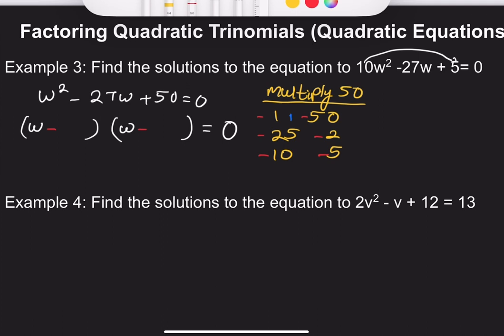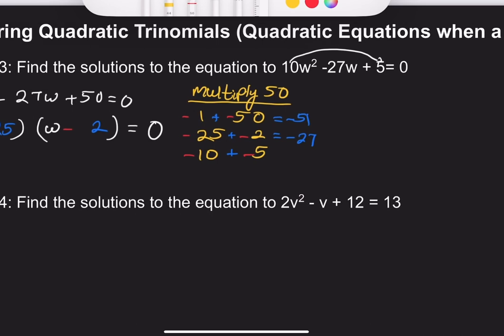And we're adding between each of these terms. Negative 1 plus negative 50 is negative 51. That doesn't work. Negative 25 plus negative 2 is negative 27. That one works. So we're going to put our negative 25 here, and we're going to put our negative 2 here.